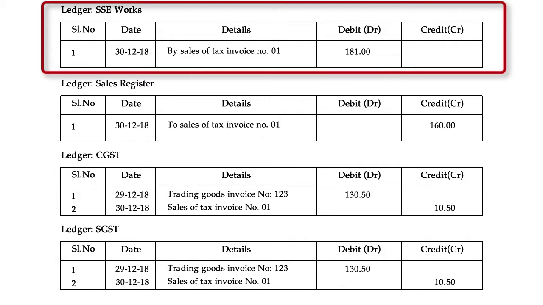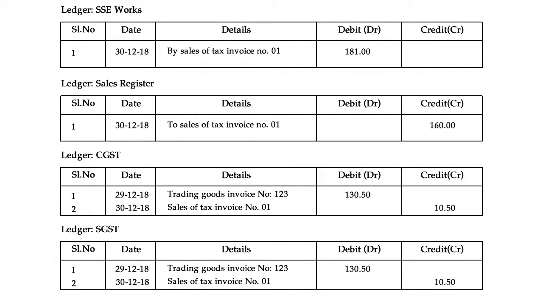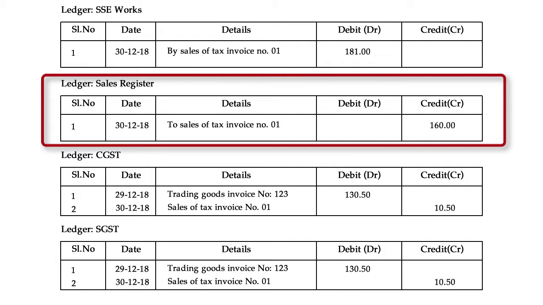Here the party is SSE Works. So the SSE Works ledger account is debited by 181 rupees, which is the tax invoice amount. In the same way, as it is a sale, the sales register or sales ledger will be credited by 160 rupees.